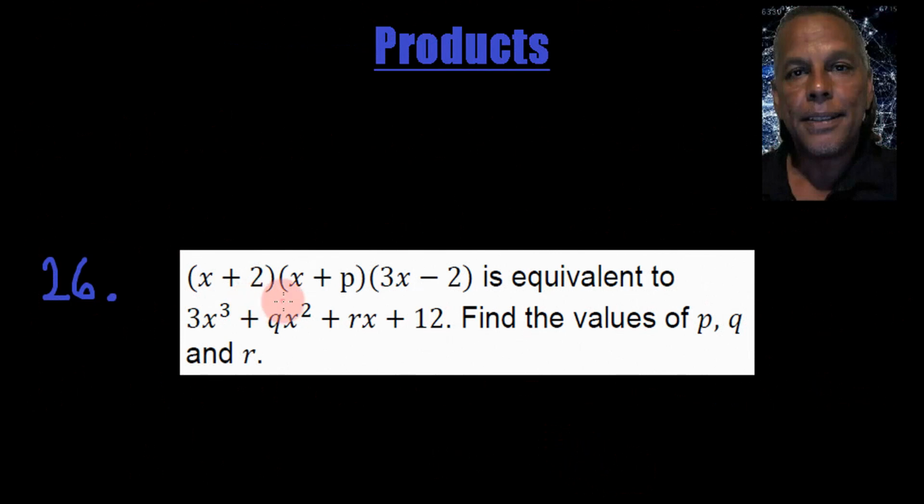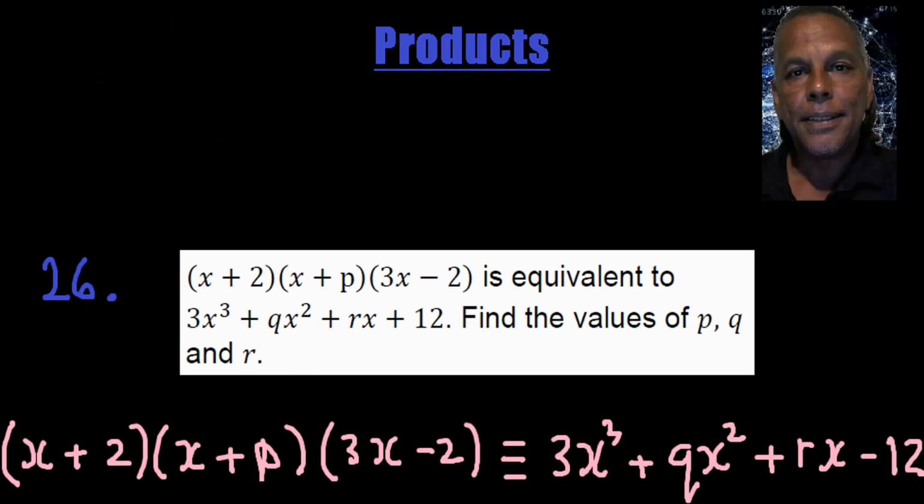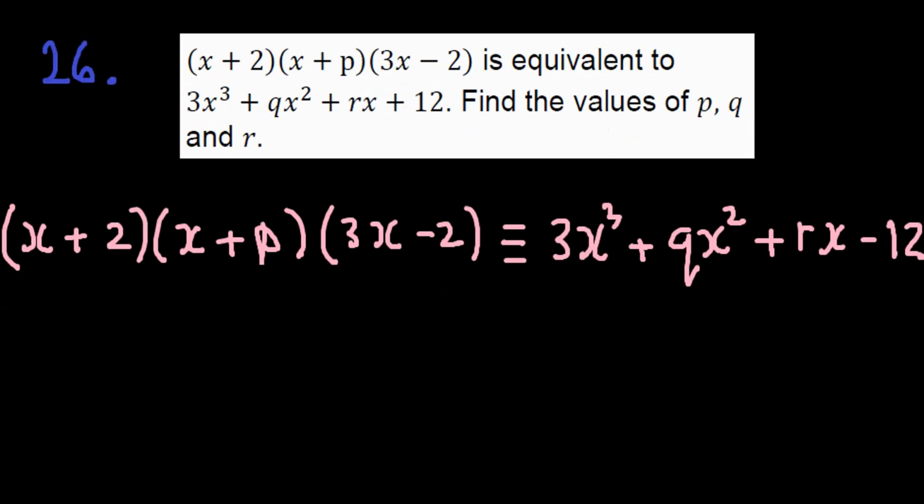In number 26, we are told that these two expressions are equivalent, and we need to find the values of P, Q, and R. So let's start by writing them down as equivalent. Now, notice that on the right-hand side, we are given the value of the constant.